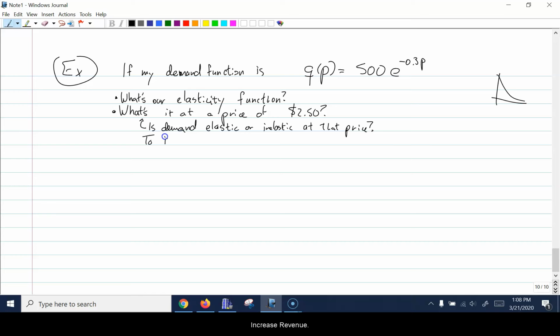To increase revenue, would we increase or decrease the price? And then part 3, what price maximizes revenue?